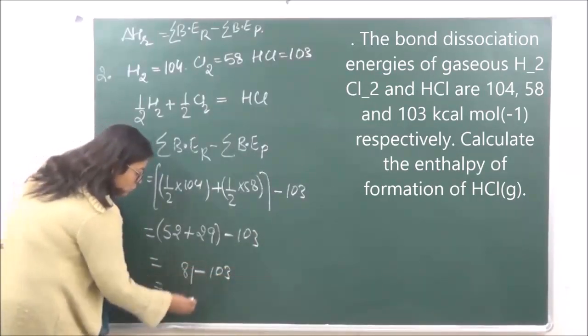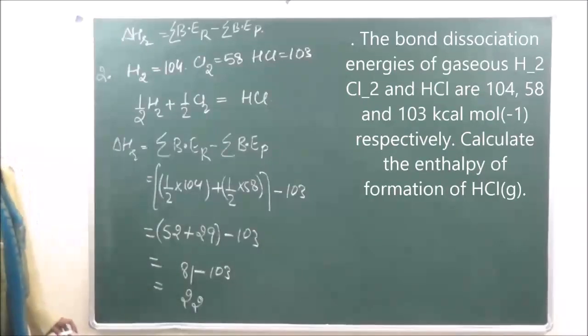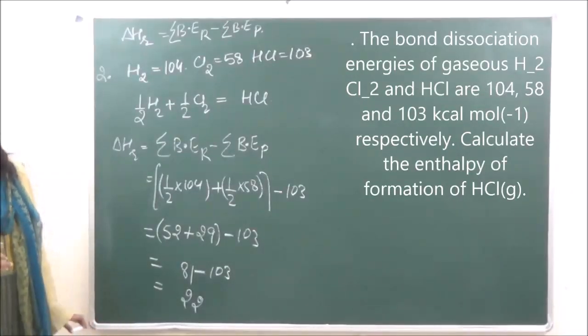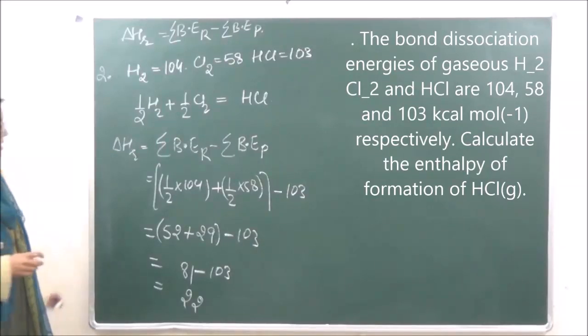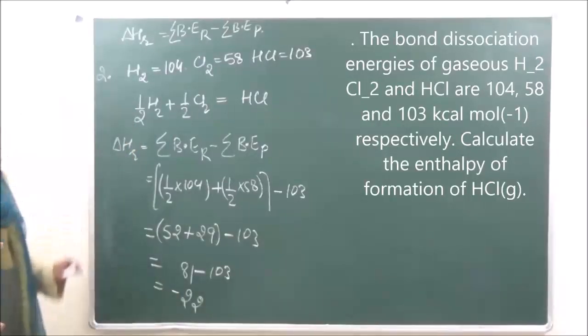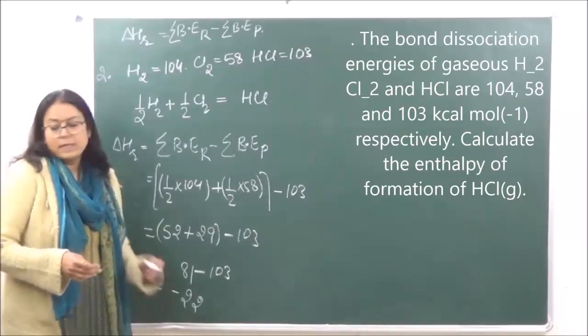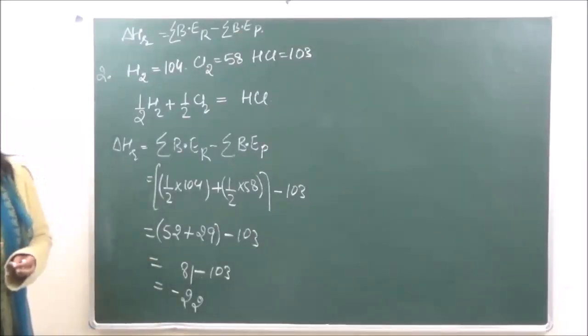So that will come to 22 will be your answer. ठीक है? So it is minus 22 kilocalories per mole because minus 103 है, so minus 22 kilocalories per mole. So these are simple questions which come. Okay? Now let's go to another question over here.